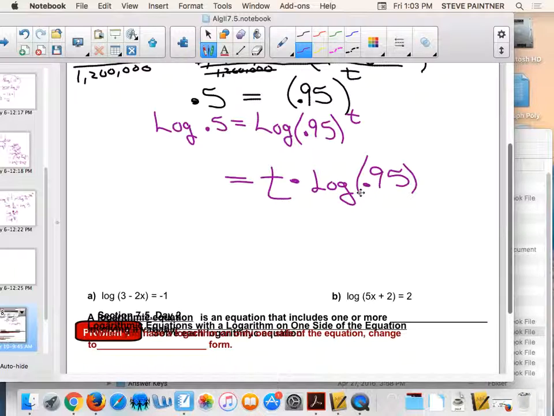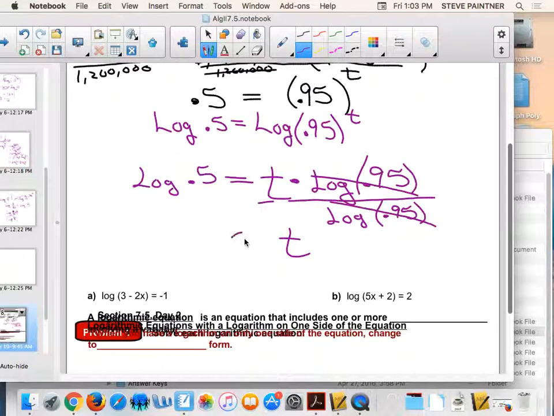So did you move your T out in front? Okay. Then you did what? After this, you did what to solve for T? Log of 0.95. Gone. T. Divide log of 0.5 by log of 0.95.